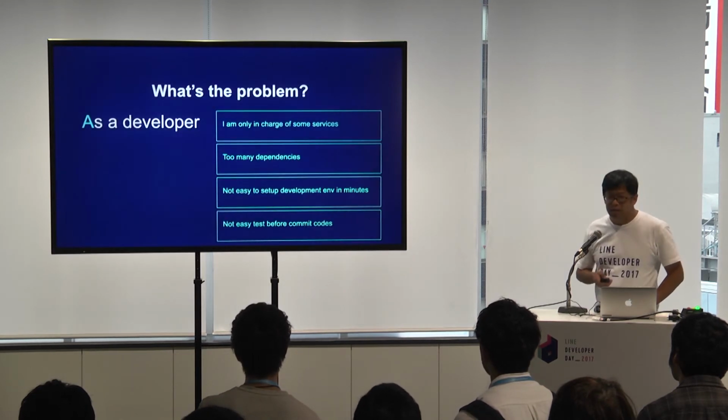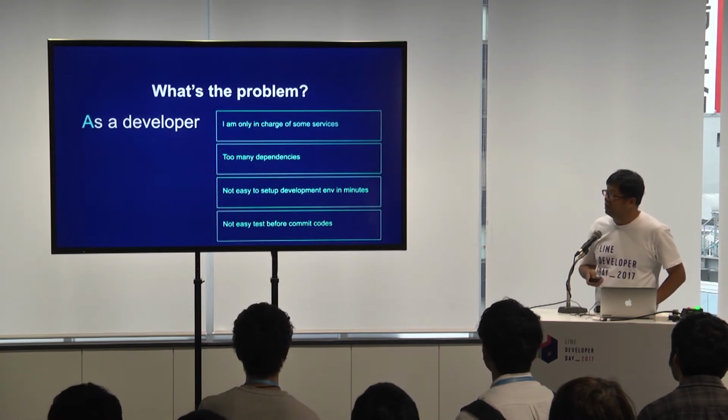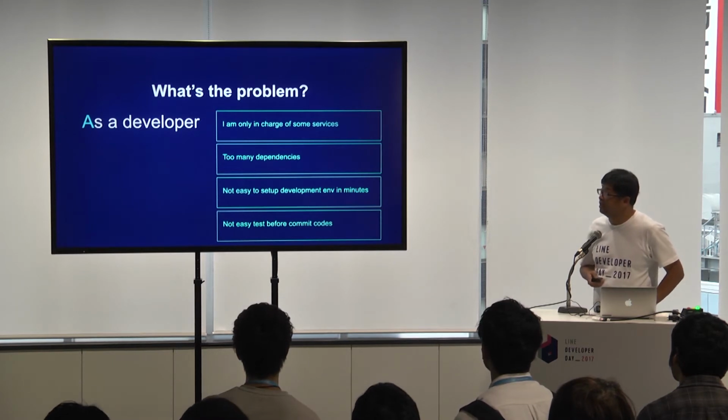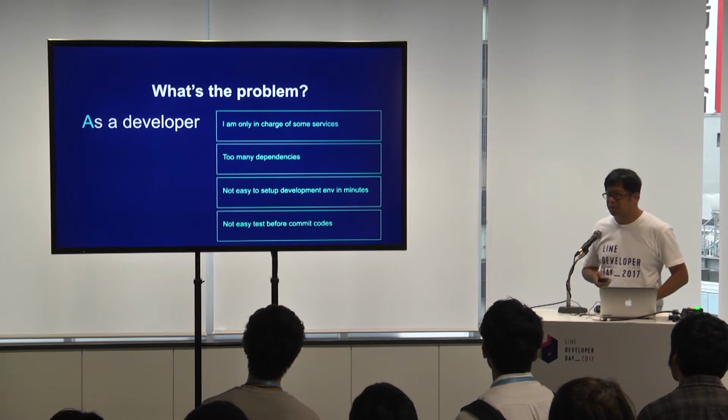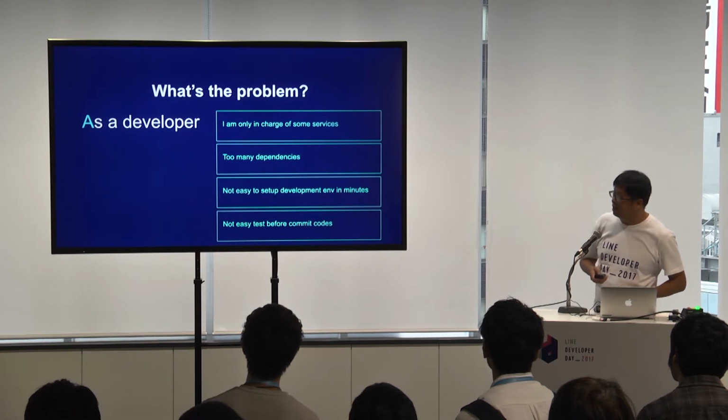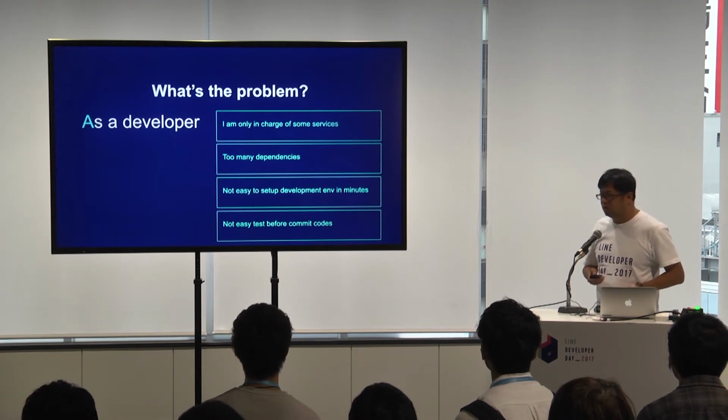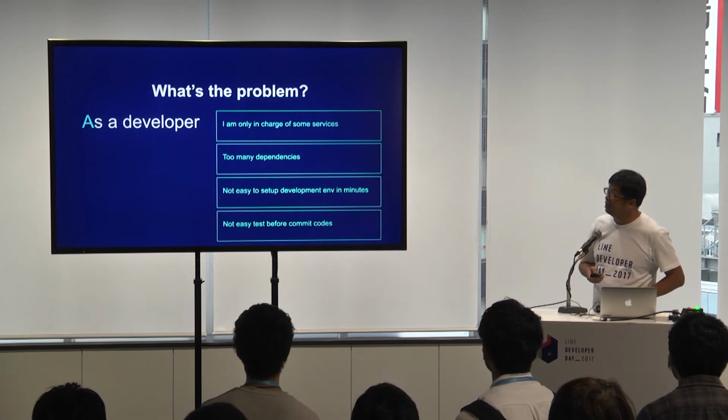But what's the problem when we're developing microservices? As a developer, I might only be in charge of some services. For example, I might be the developer of the user service, but I don't care about what the payment service does. But there are many dependencies.